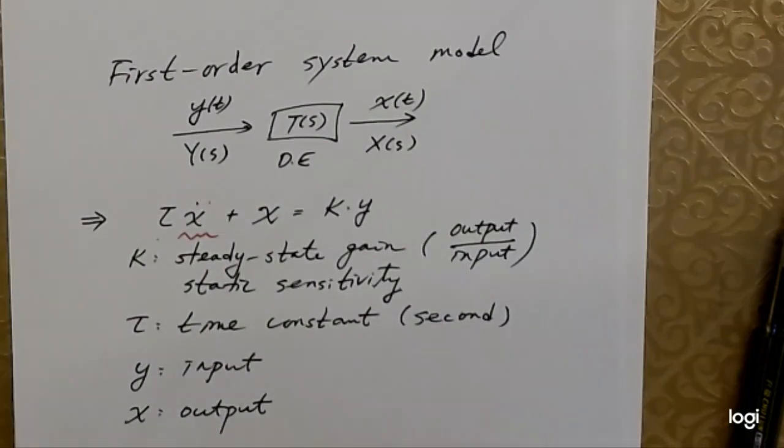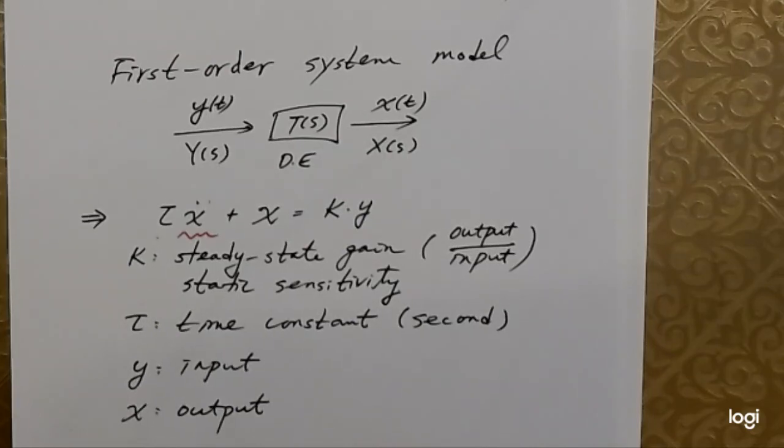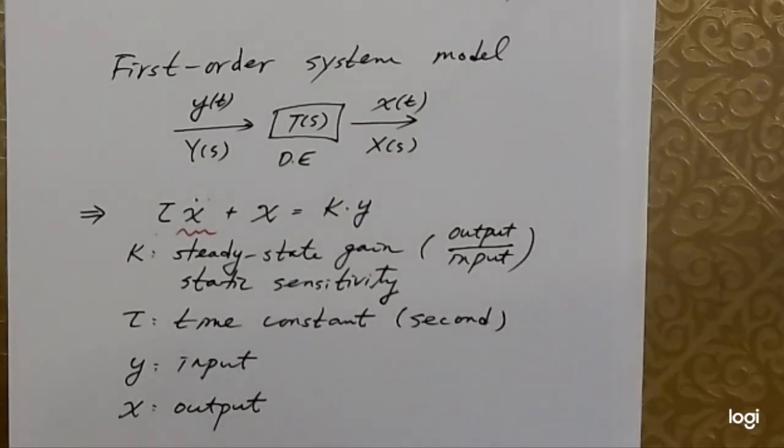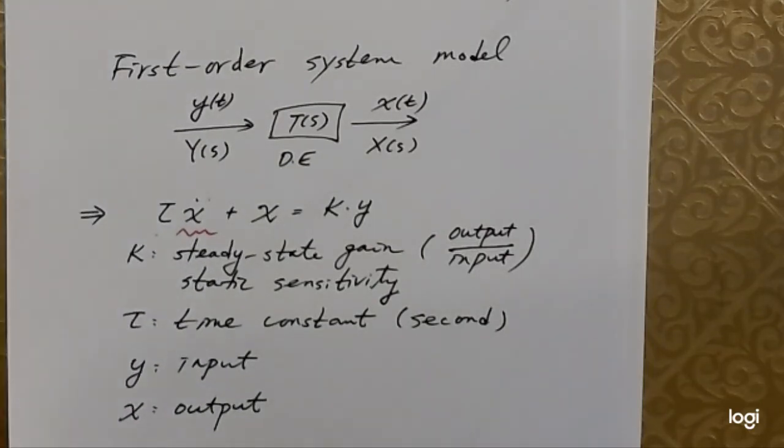Okay, now let's find out what's the system response. And why is it important to find K and tau to represent these systems? We will start with step response.